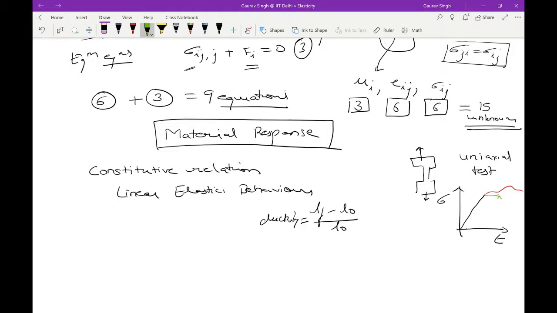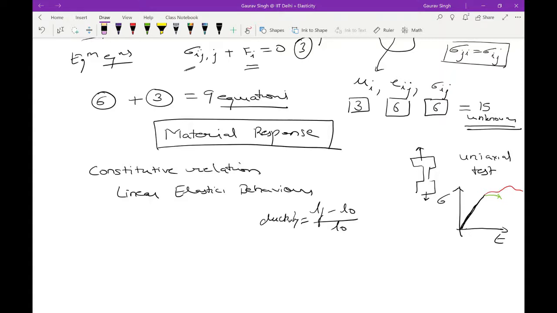But the whole point is we only discuss our theory in this entire course for this black region. If it's ductile, we say that our stress and strain are linearly related. If it's brittle, we still say that our stress is linearly related. So this green region is very small in a brittle material, and the red region is very large in a ductile material, but we constrain only to the black region.